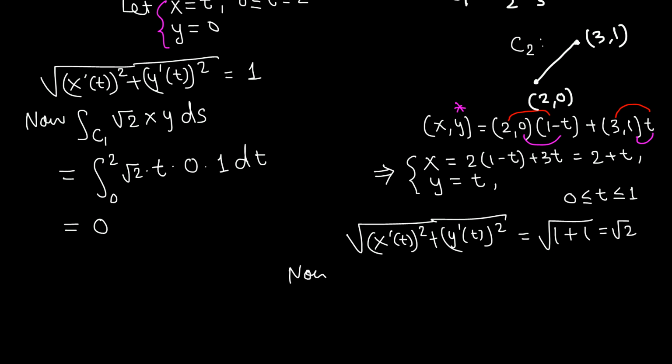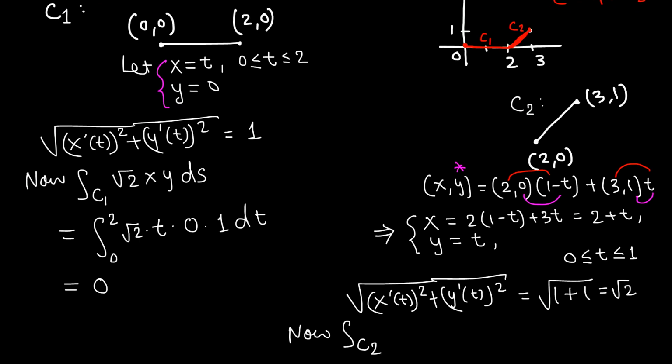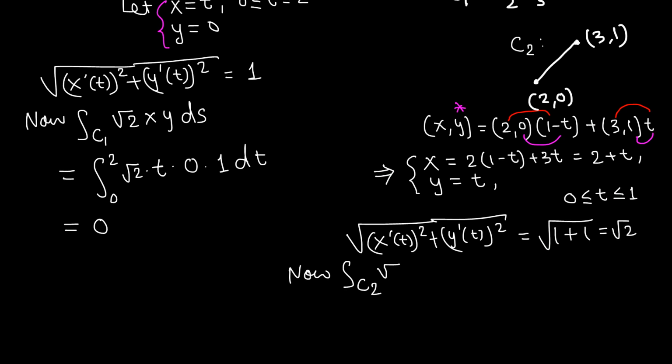Now we can integrate over C2, and the integrand is root 2 times x y. So this is root 2 times x, where x is 2 plus t, times y, which is t, times this quantity root 2 and dt. This is in fact equal to ds.